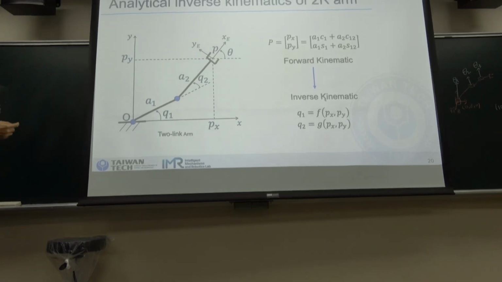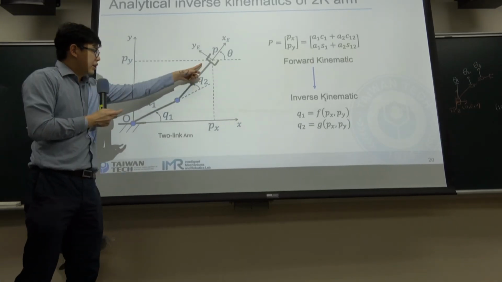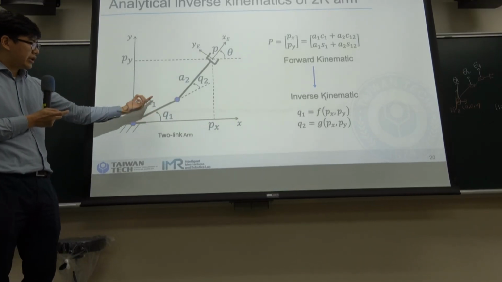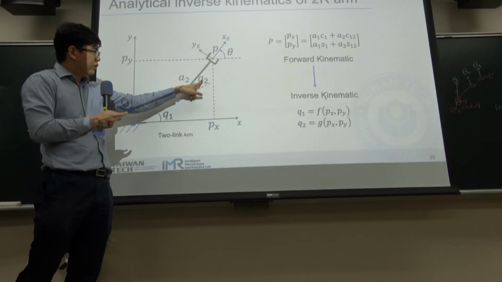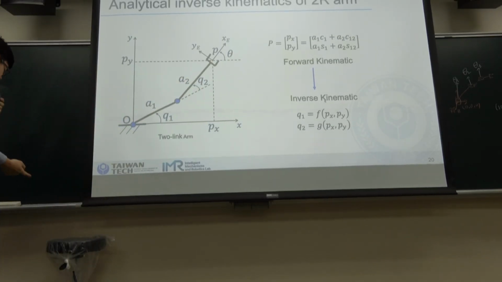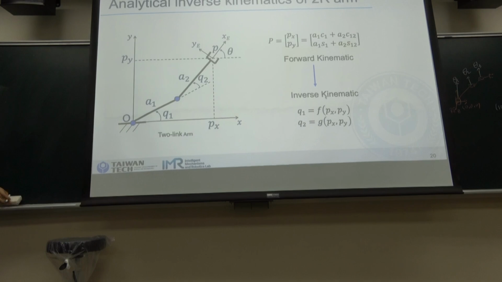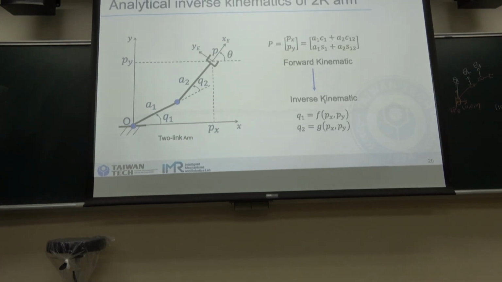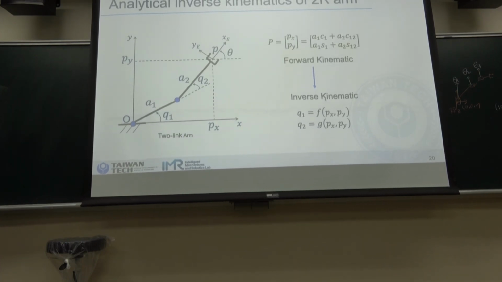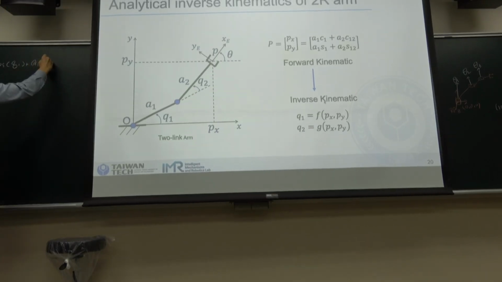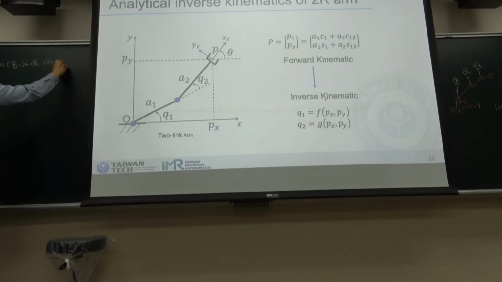if we have a two-arm robot, the first joint is Q1, or you can call it theta 1, and here is Q2. The forward kinematics of this robot can be written as: for the x component, A1 times cosine Q1 plus A2 times cosine of Q1 plus Q2.